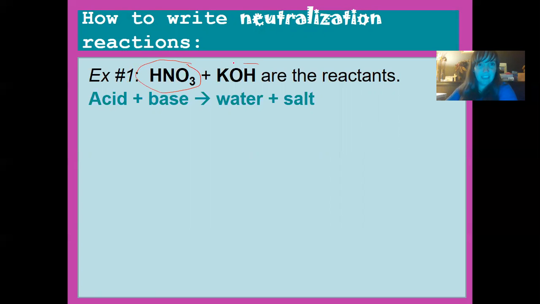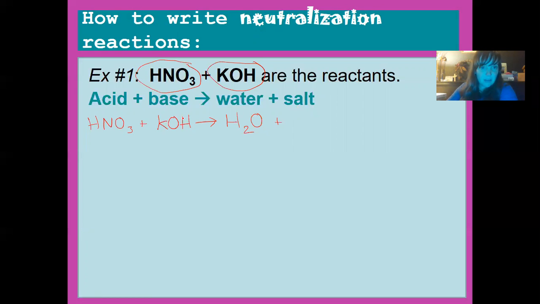And here's our base, potassium hydroxide. So acid, HNO3, plus base makes water, H2O, and some kind of salt. Not going to be NaCl in this case because that's not what we started with.